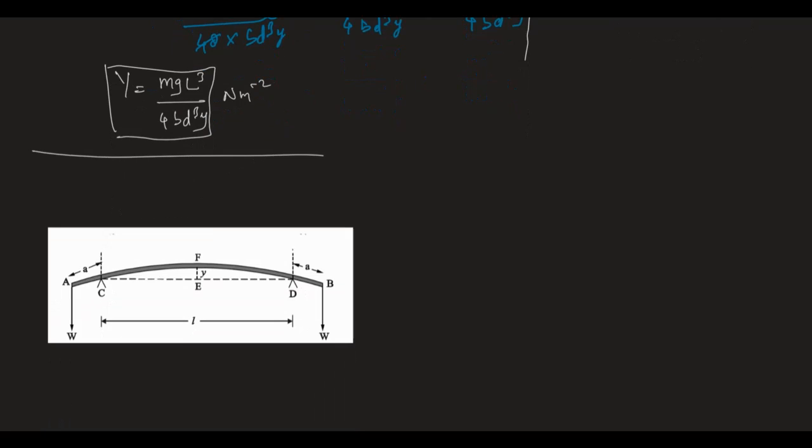So this is for non-uniform bending. In this bending method, the Young's modulus is Y equal to mg L cube divided by 4 b d cube y. So given the values of L, if there is a beam of length L, then we can substitute all the values and find the Young's modulus.